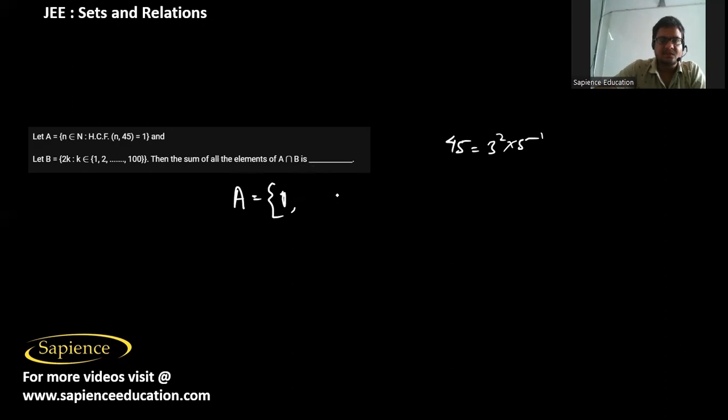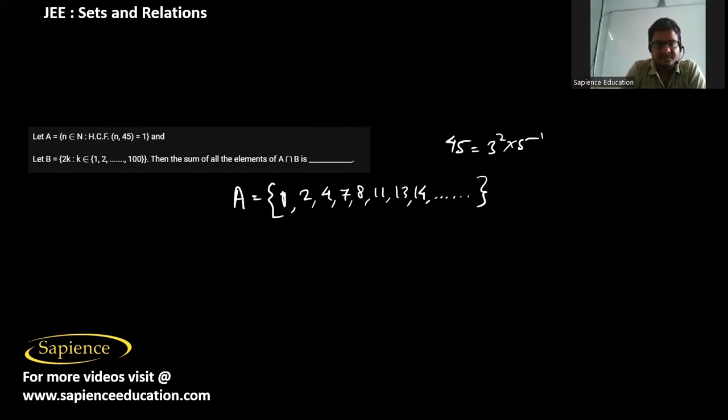So it contains all those natural numbers which do not have 3 or 5 as factors. So I can take 2 also. 4 I can take. 5 I can't take. 6 I can't take. 7 we can take. 8 we can take. 9 we can't take. 10 we cannot take. 11 we can take. 12 we cannot take. 13 we can take. 14 we can take, and so on like this.